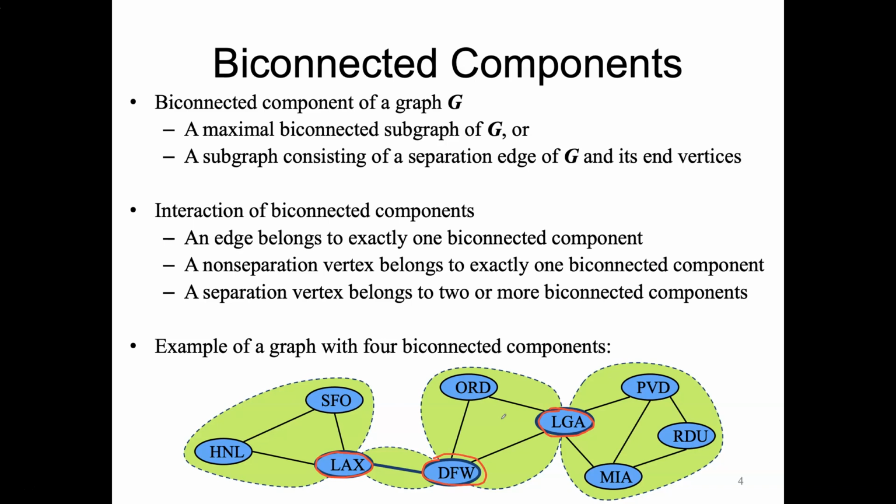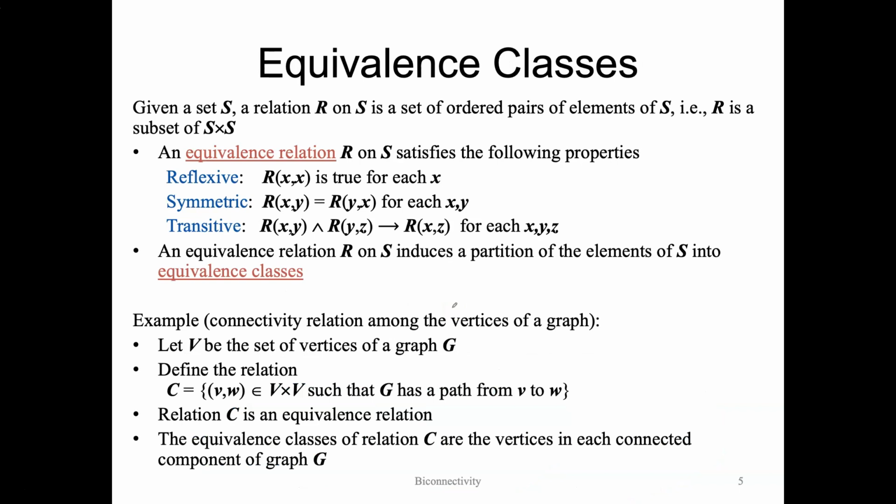So we want to find the biconnected components of our graph. We're going to do so by using an equivalence relation to partition the edges of our graph into biconnected components. An equivalence relation is a relation on a set. A relation R is a set of ordered pairs of elements of that set.